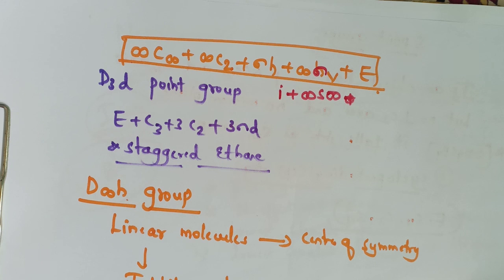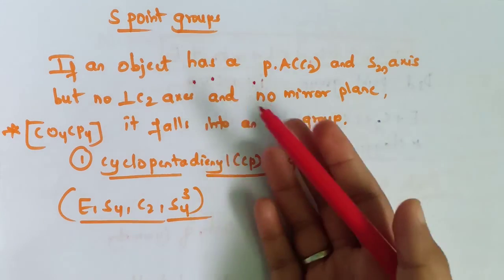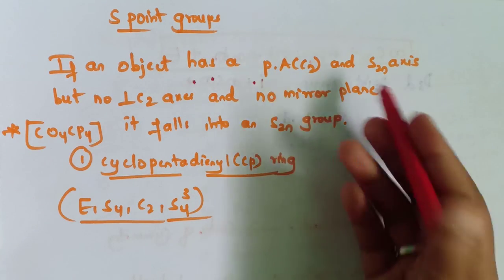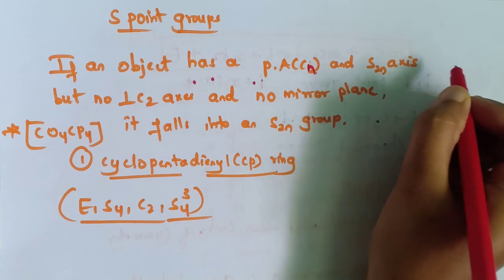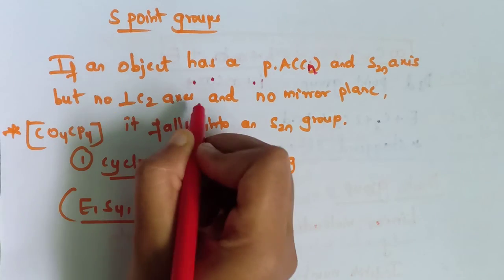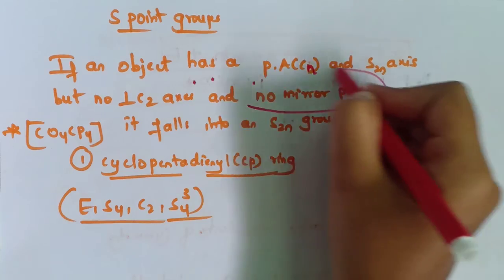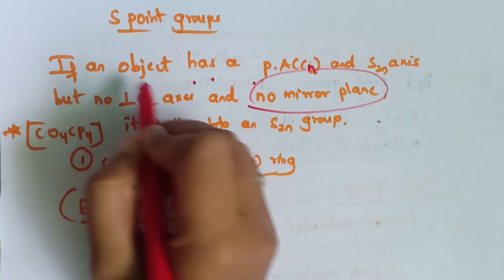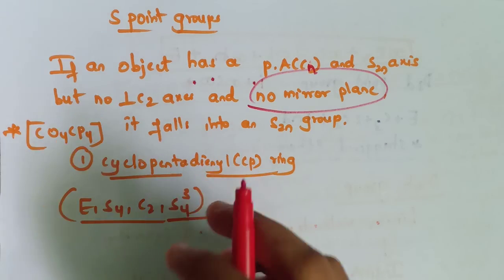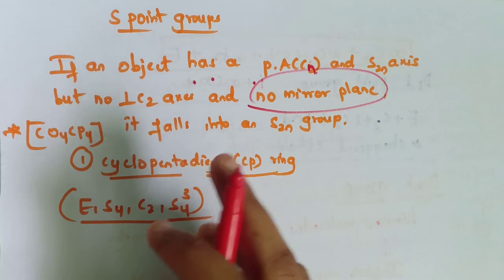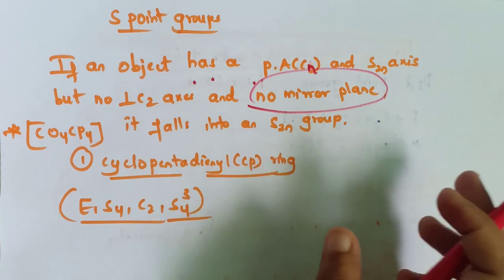Now coming to the S point groups, if an object has a principal axis, that is Cn, and an S2n axis but no perpendicular C2 axis and no mirror planes, it will not contain a mirror plane, and also no C2 axis perpendicular to the principal axis will be present, it will fall into the S2n group.